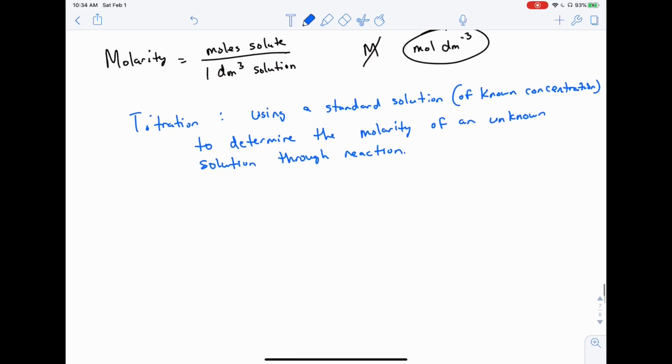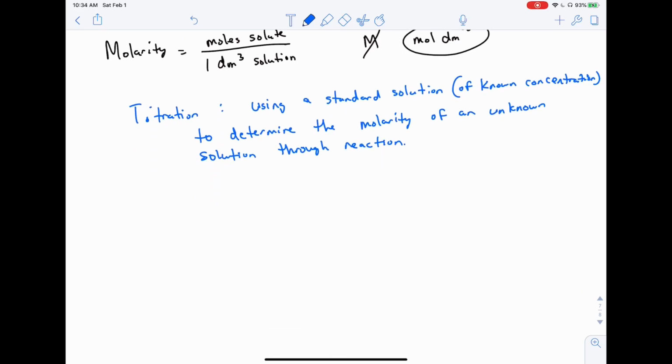And just like acid-base titrations and redox titrations, that's really all it is. You're just trying to find the relationship between what reacts.